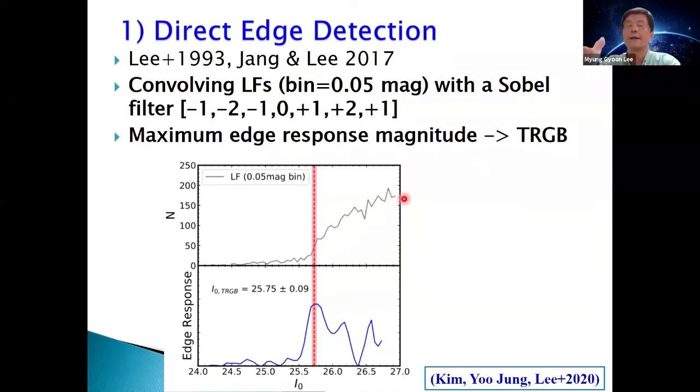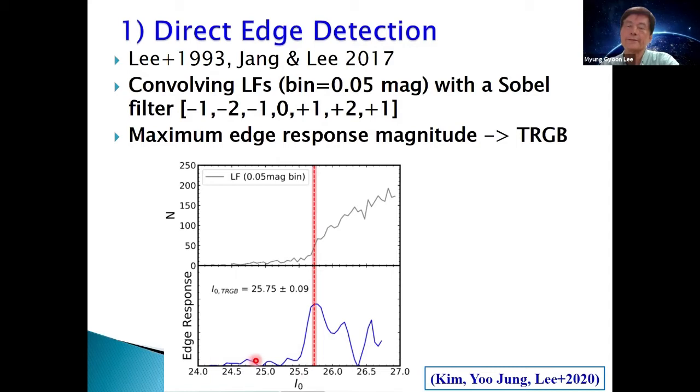So how to detect the TRGB in this diagram? We, in general, convolve the luminosity function with a Sobel filter, which is given here. The role of the Sobel filter is to enhance the signal of a jump in the distribution. So if you convolve the luminosity function with the Sobel filter, then we get a distribution of edge response, which is given in the lower panel as a function of magnitude.